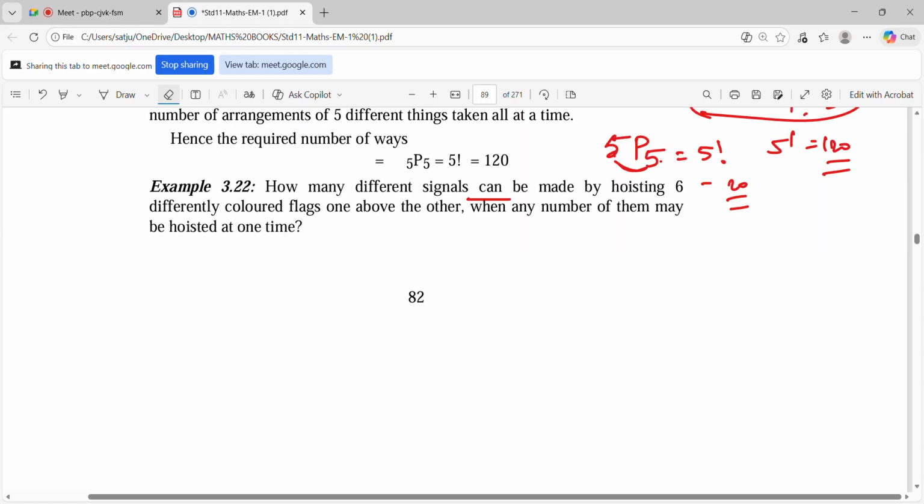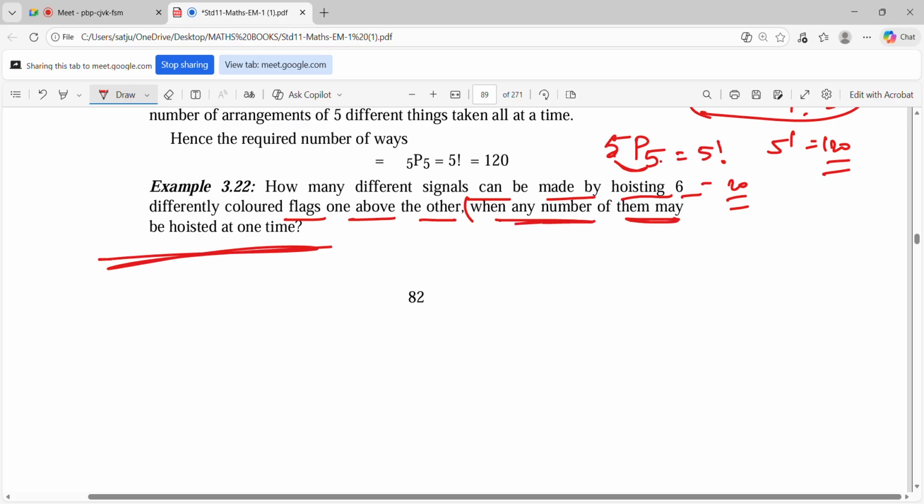How many different signals can be made by hoisting 6 differently colored flags, one above the other, right? Any number of them may be hoisted at one time.